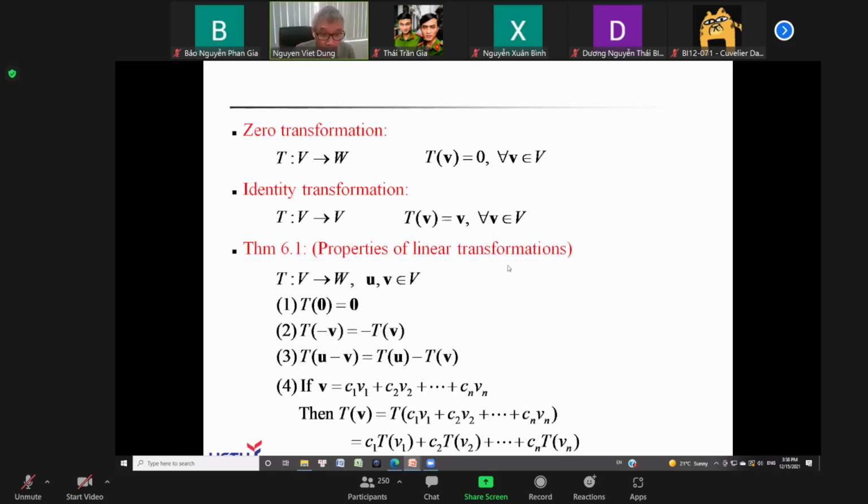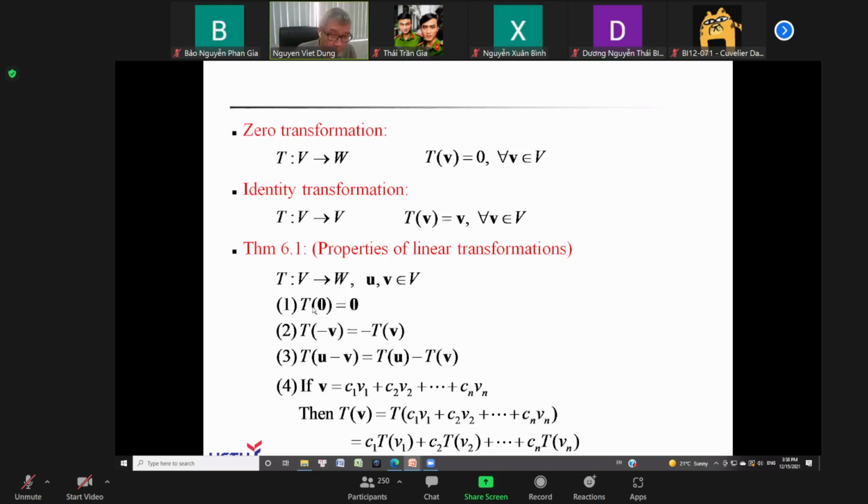Now I am going to show you some properties of a linear transformation. Suppose that T from V to W is a linear transformation, and u and v are two vectors of the vector space V, the domain.